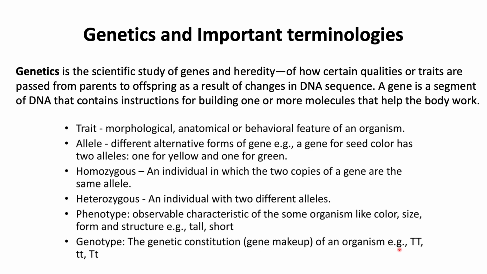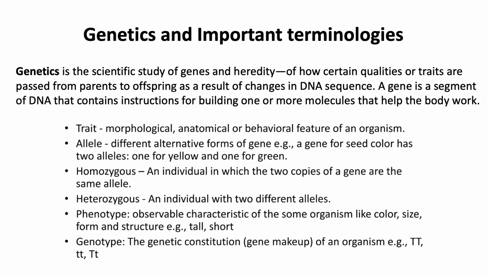For example, tall individuals would have two alleles, T and T, and short individuals would have small t and small t, and heterozygous individuals would have one allele for the tall characteristic and one allele for the short phenotype. Although, since tall is the dominant trait, the individual would be tall. So the underlying nucleotide composition that gives rise to the phenotype is called the genotype.